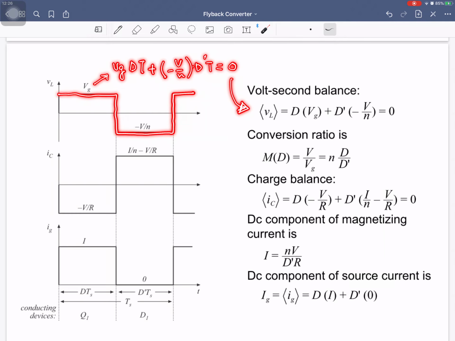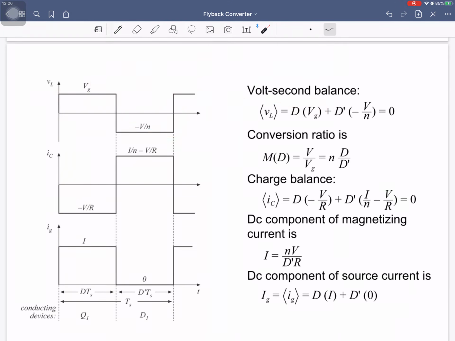So this should be equal to 0: D Vg plus D prime into minus V by N. Solving it, we can get the relation between input and output voltage, that is equal to N into D by D prime, that we have previously seen, where N is the turn ratio from primary to the secondary.